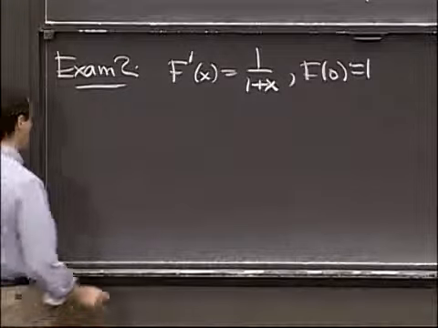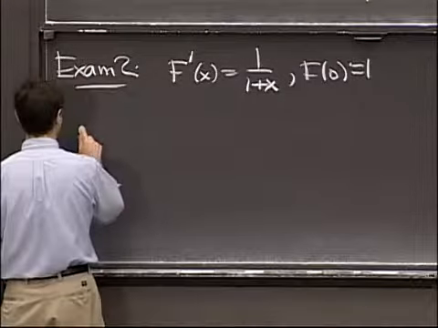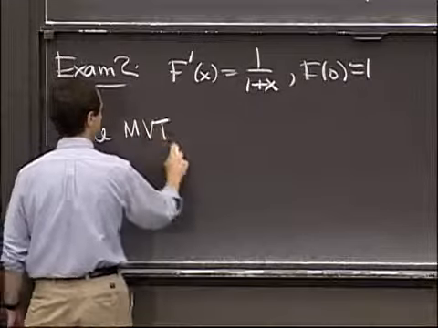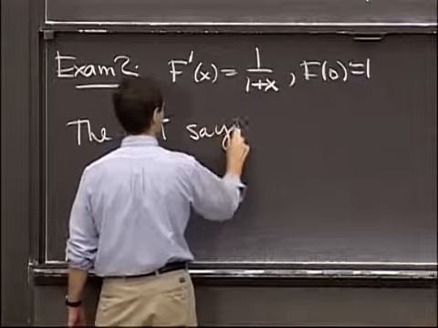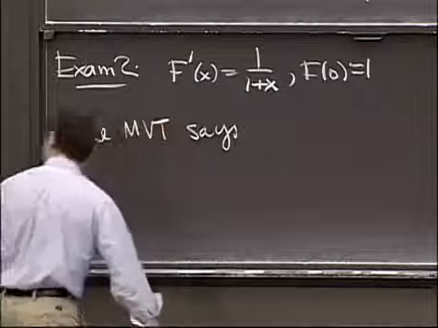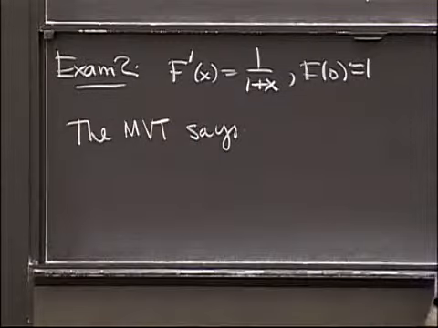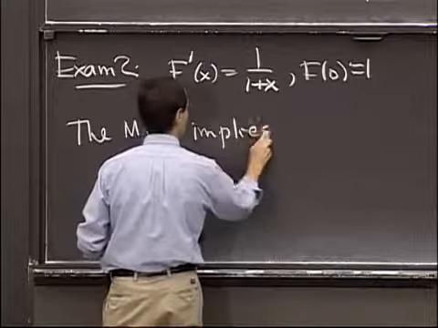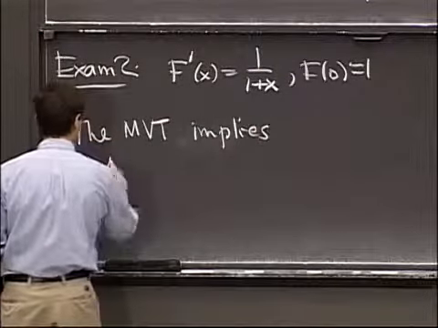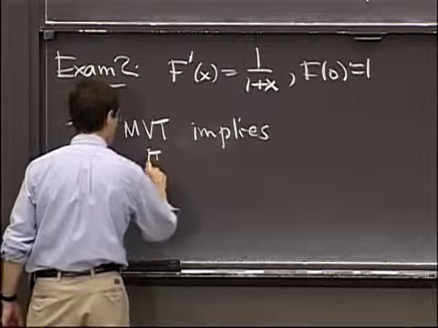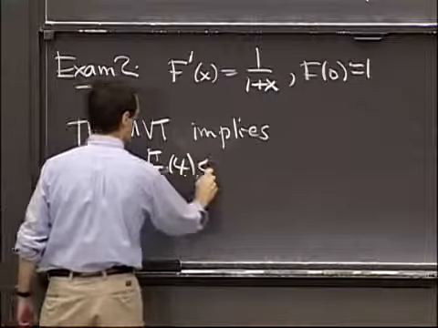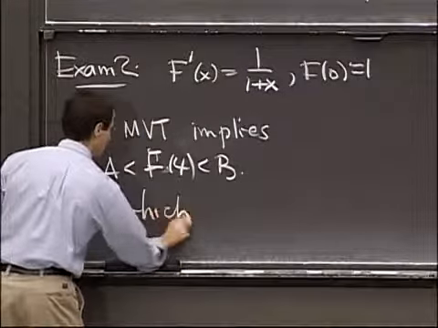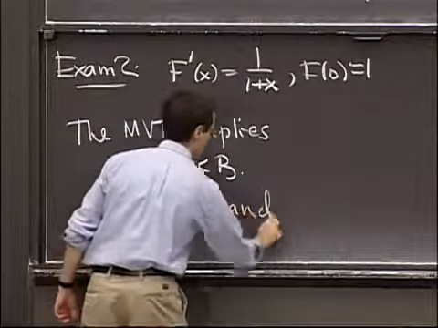And then the question was, the mean value theorem says, or implies, if you like, it doesn't say it, but it implies it, A is less than capital F of 4 is less than B, for which A and B?